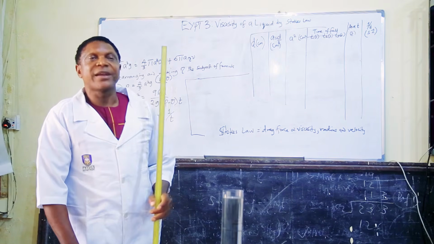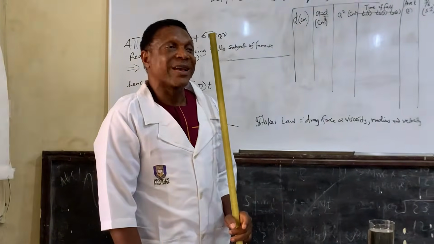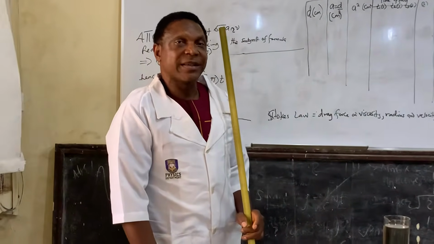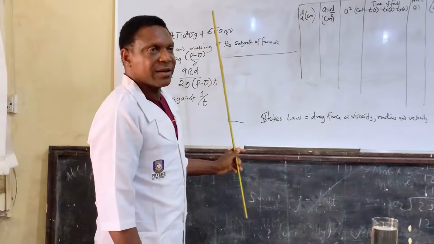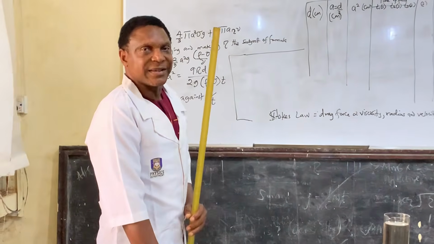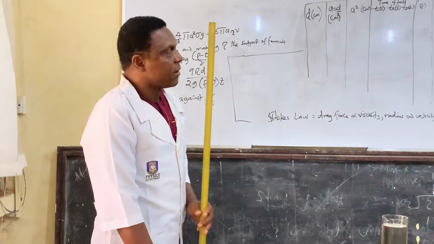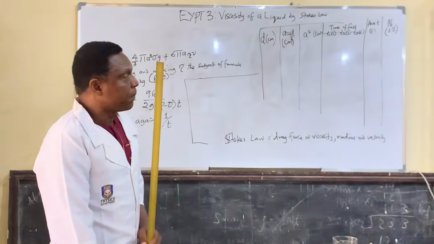Normally, we know in everyday life we experience drag, we experience tension. For any object that flows or travels through a fluid, it experiences a drag force. And so that is what Stoke's law is out to do.